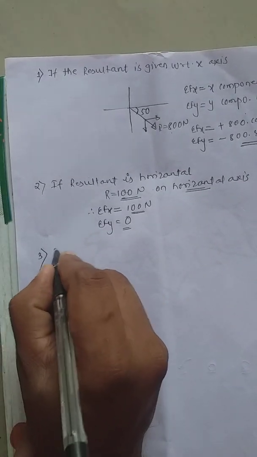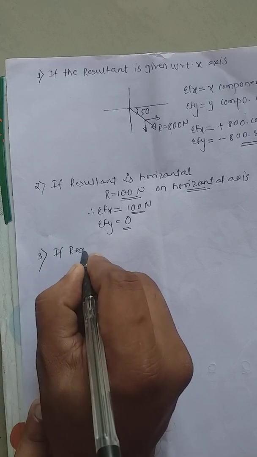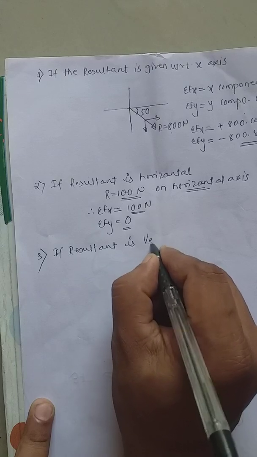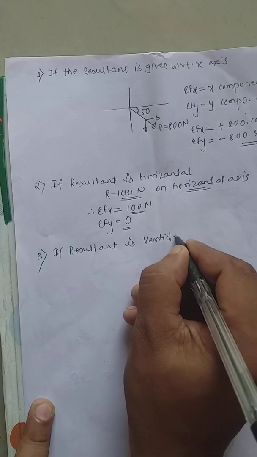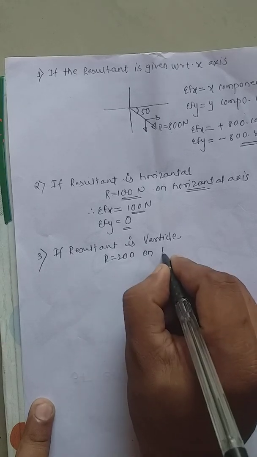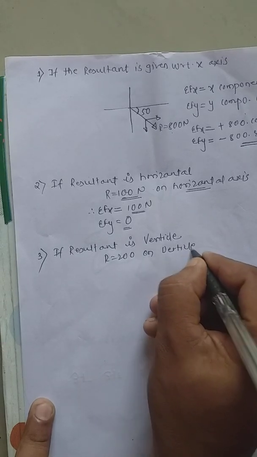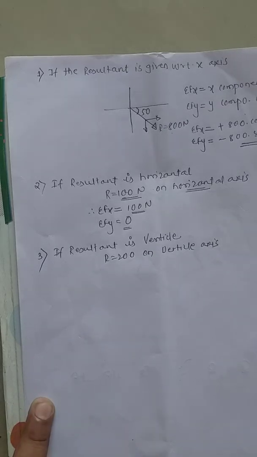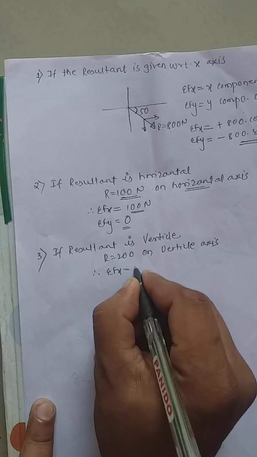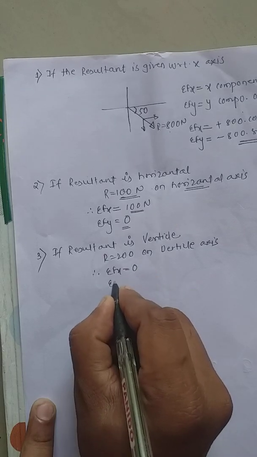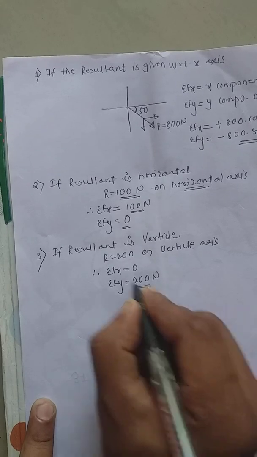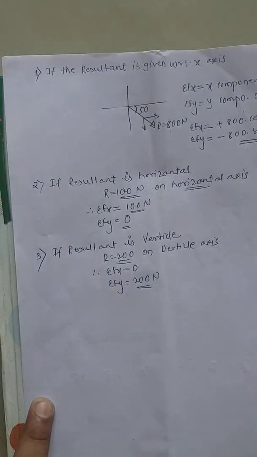Condition number 3, if the resultant is vertical, let's say R is equal to 200 on the vertical axis. In this case, we will consider summation of Fx will be 0 and summation of Fy will be equal to 200 Newton, as the resultant is 200 Newton.